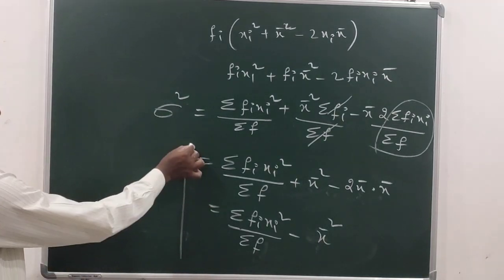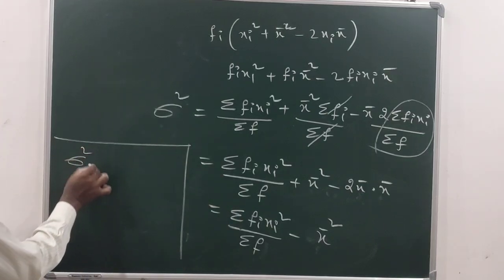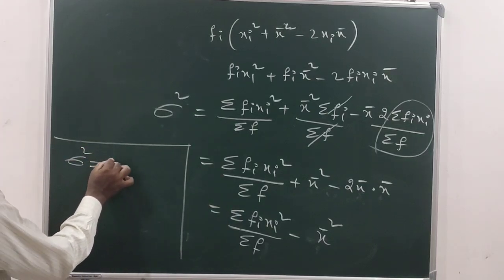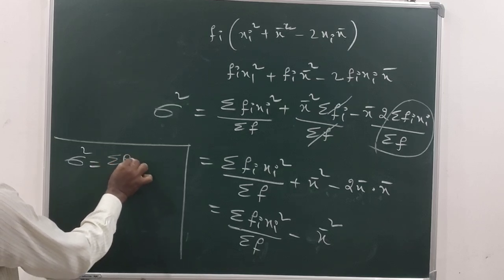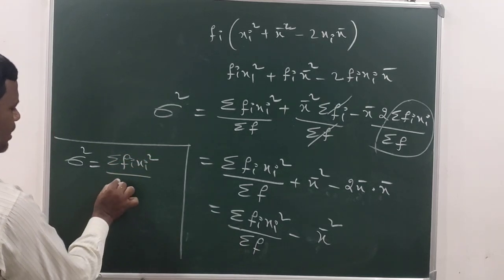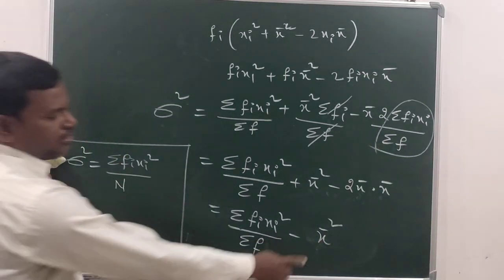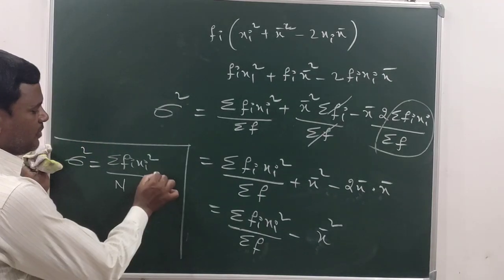You can write this formula as: sigma square is equal to sigma fi xi square by sigma f, you can write capital N, minus x bar square. Now how to find this mean x bar?